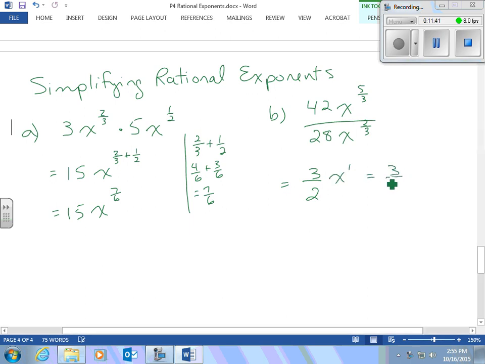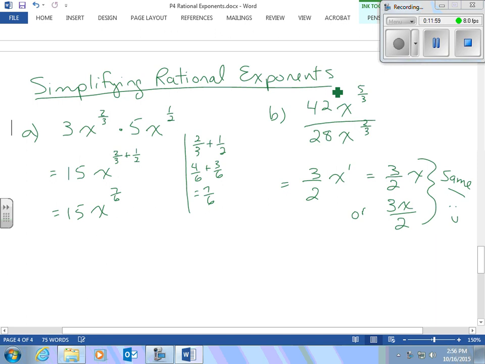So 3/2 times x. Or you could write that as 3x over 2. These are both the same and both equally good. Okay, so simplifying rational exponents follows the same rules as the rules of exponents. Just writing that once more to emphasize that.